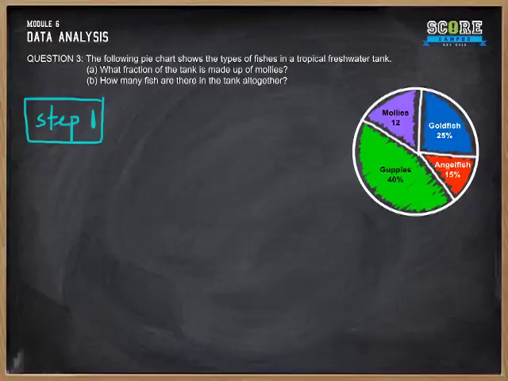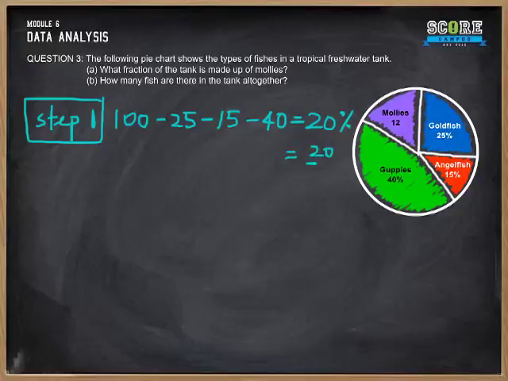So you take 100 minus the rest of the figures except mollies, 25% minus 15% minus 40%, and the remainder you get is 20%. That is the percentage of mollies you have. So when you express this as a fraction, you write it as 20 over 100. 20 over 100, when simplified, you get the answer 1/5.